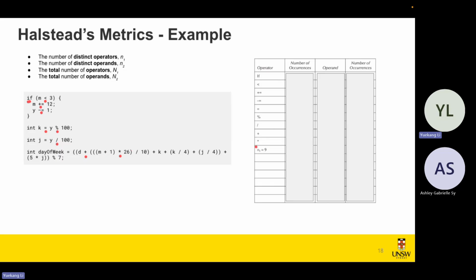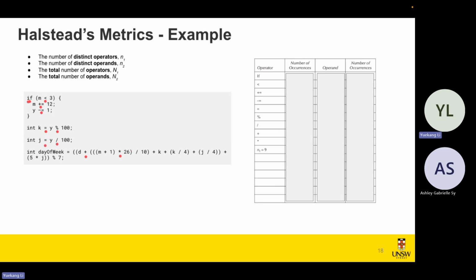And the total number of distinctive operators we have is like 1, 2, 3, 4, 5, 6, 7, 8, 9, right? So we have 9 distinctive operators.